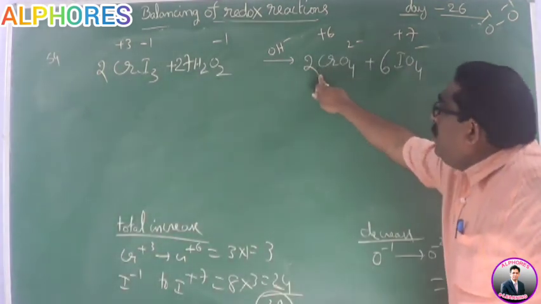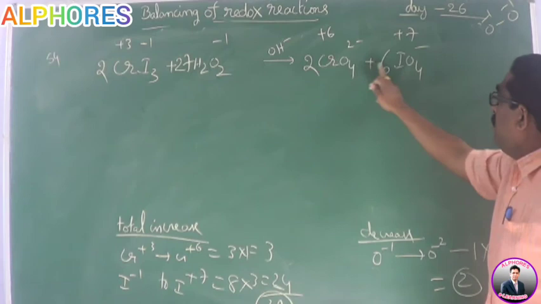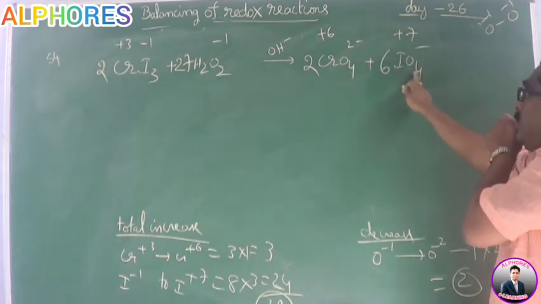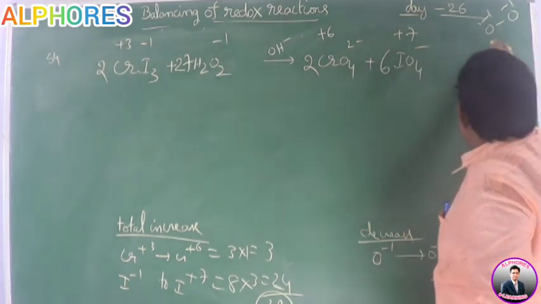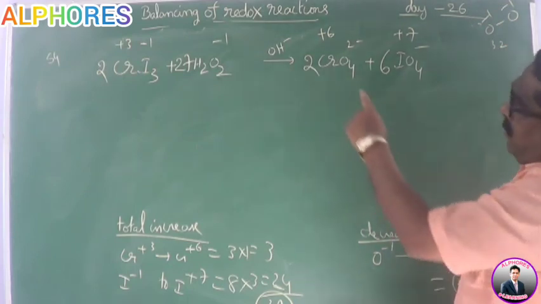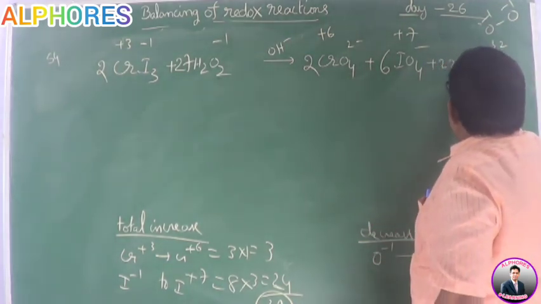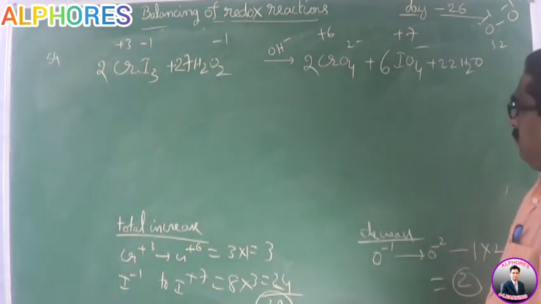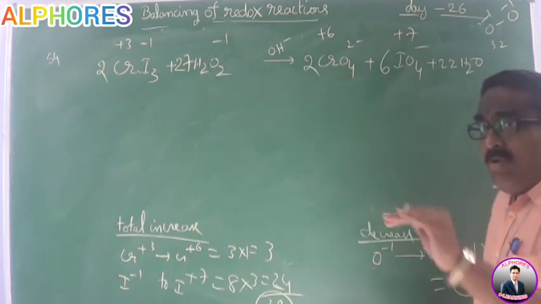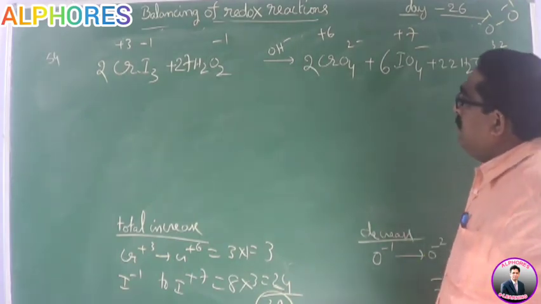This side, 2 into 4, 8, plus 6 into 4, 24, so 8 plus 24 is 32. 54 versus 32, 22 less, so I have to write 22 H2O.